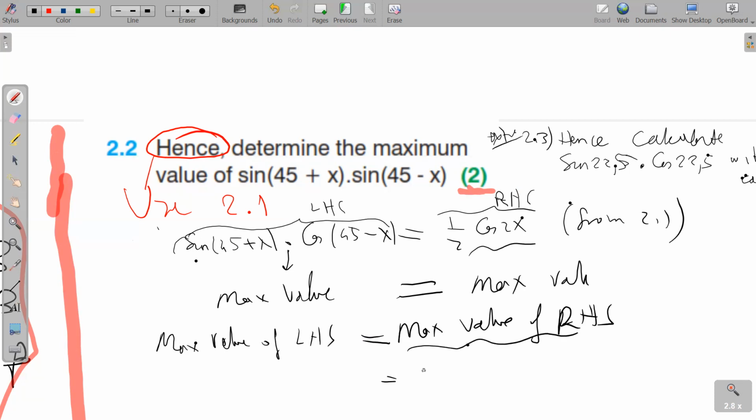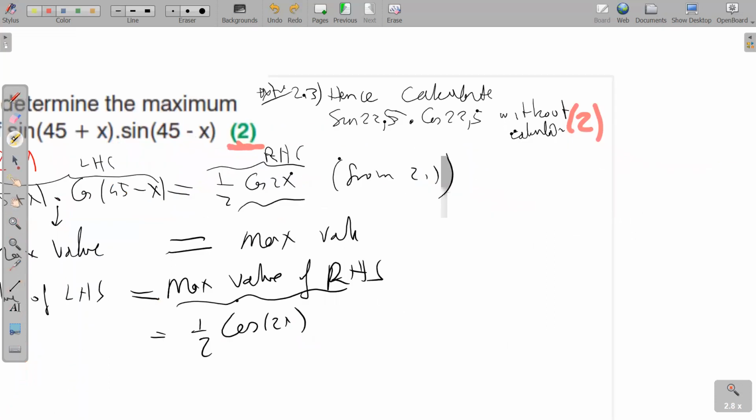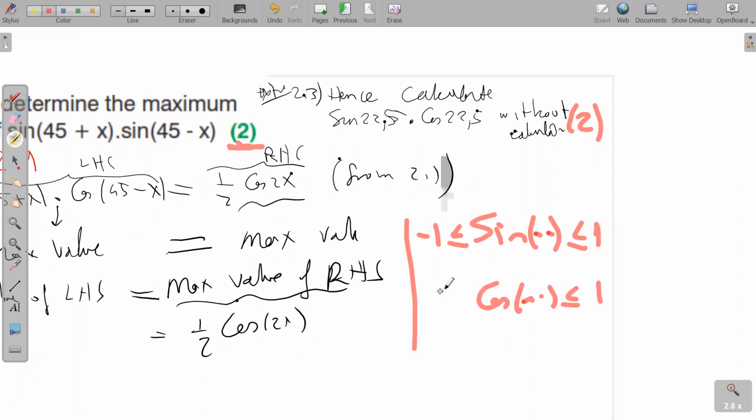So we just need the maximum value of this one. We have 1 over 2 cos 2x. Of course, if you remember the basic rule for sine and cosine, I'll write here. Sine of anything is always between -1 and +1, and cosine of anything is always between -1 and +1, but tangent of anything is between negative infinity and positive infinity.